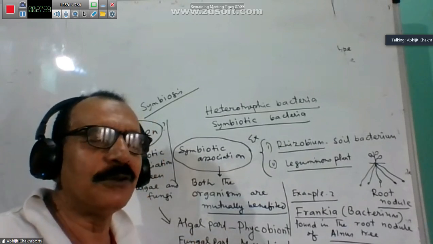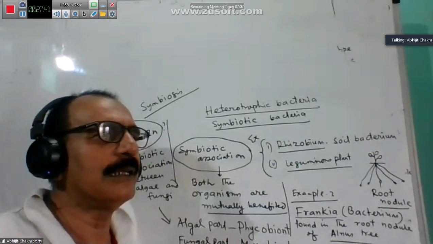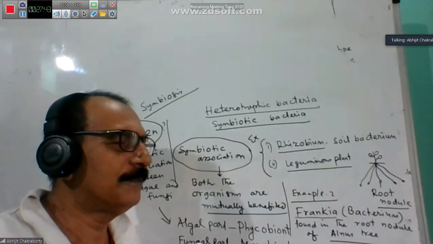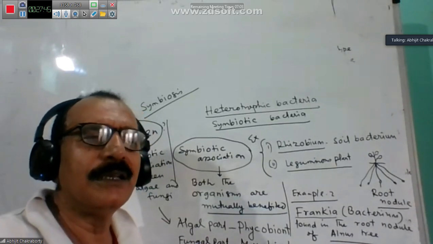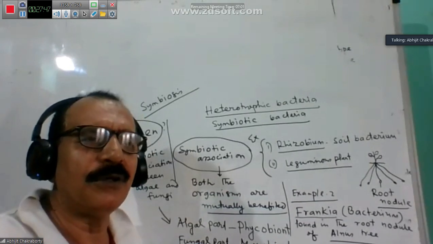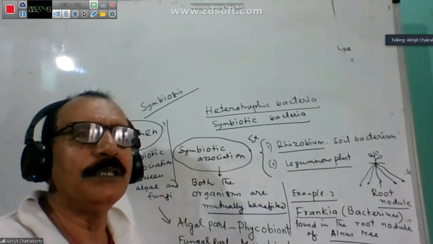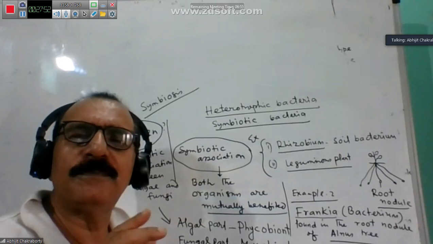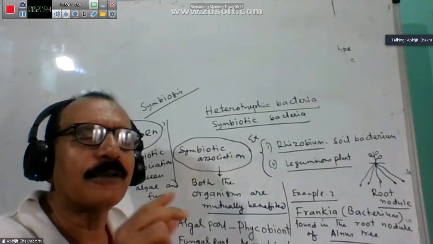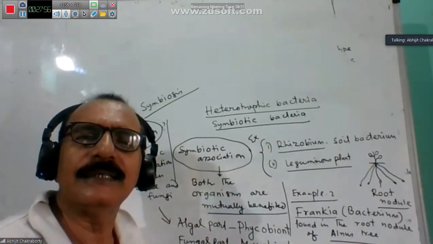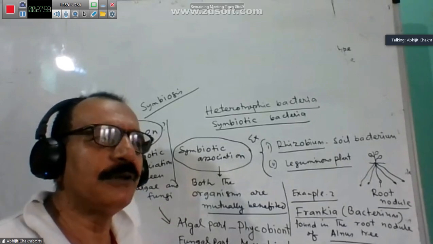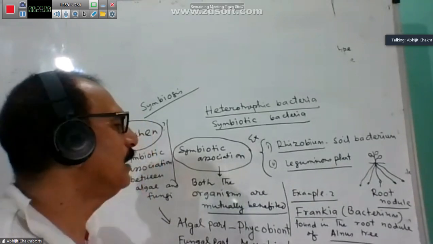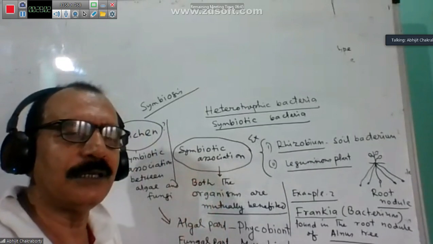You can get some patches on some trees. Grayish bluish patches are found on the bark of some trees, and these are the lichens. Okay, I will be showing you someday what lichens actually are.